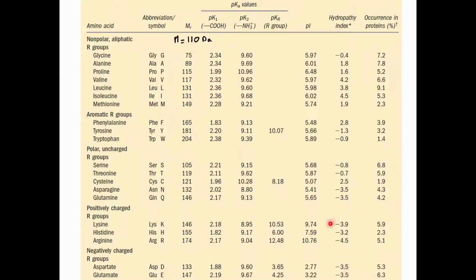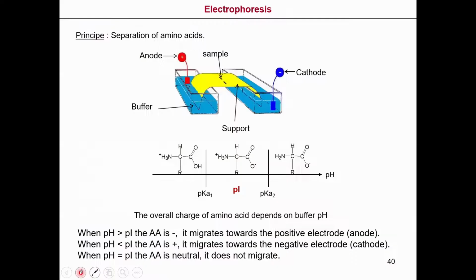Okay, so that's why the charged amino acids have negative values, because these amino acids are hydrophilic, and the side chains composed only of carbon and hydrogen have positive values because they are hydrophobic. And sorry, the last column corresponds to their occurrence in proteins. Okay.